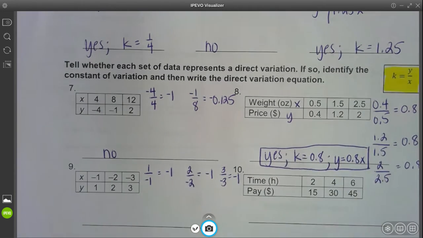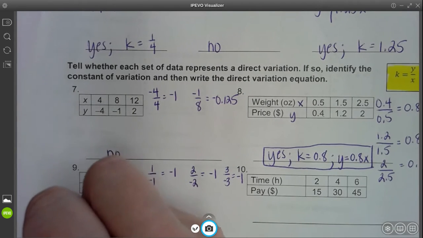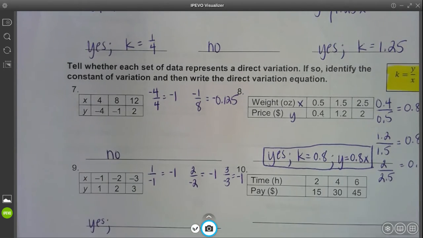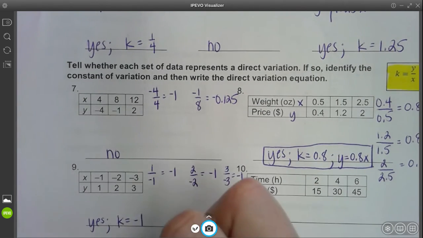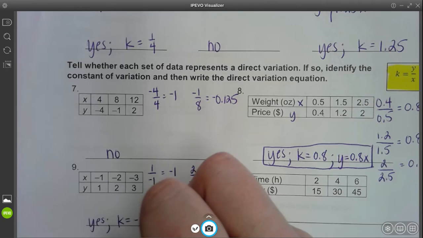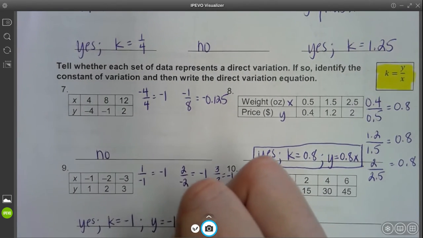So since I got the same number every time by doing y divided by x, the answer is yes. This is direct variation. Our k value is the number that we got when we divided y by x, which is -1. So therefore, the equation is going to be y equals -1x.